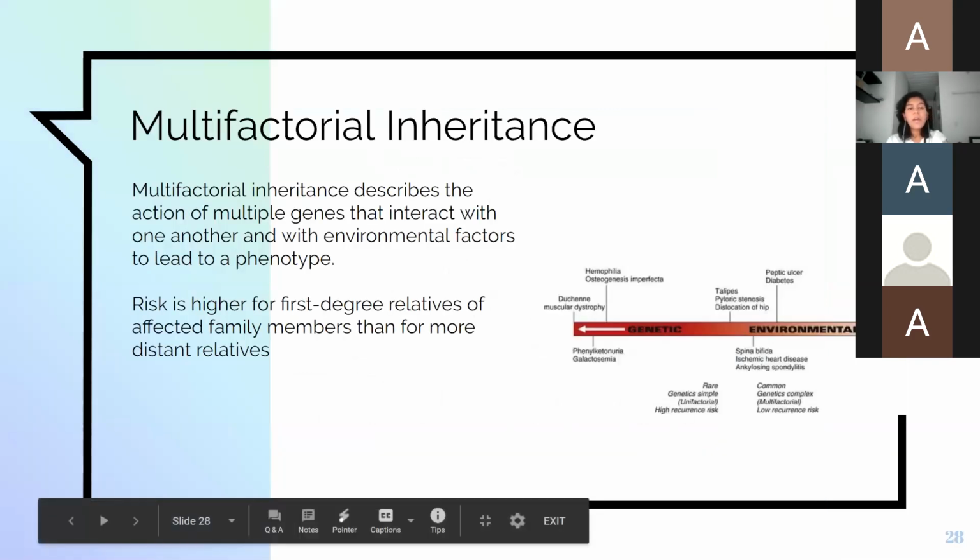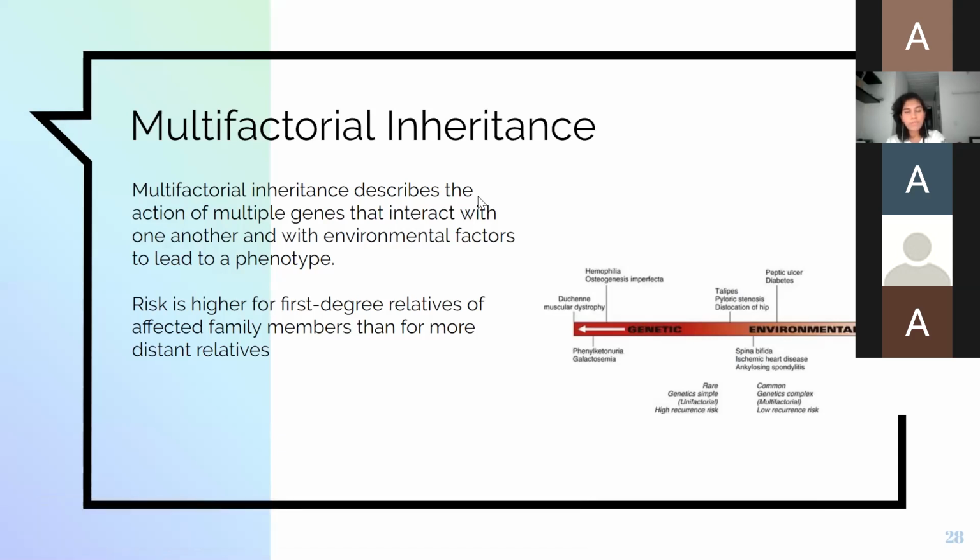Multifactorial inheritance is basically how multiple genes alongside environmental factors can lead to a phenotype.